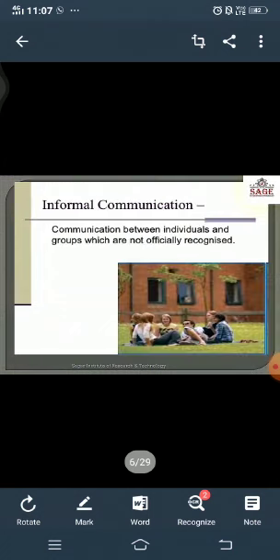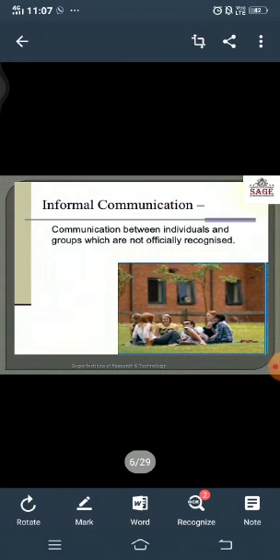Then informal communication, which is between individuals and groups which are not officially recognized. It is an inseparable part of an organization, because when we are working, we are working with our people.